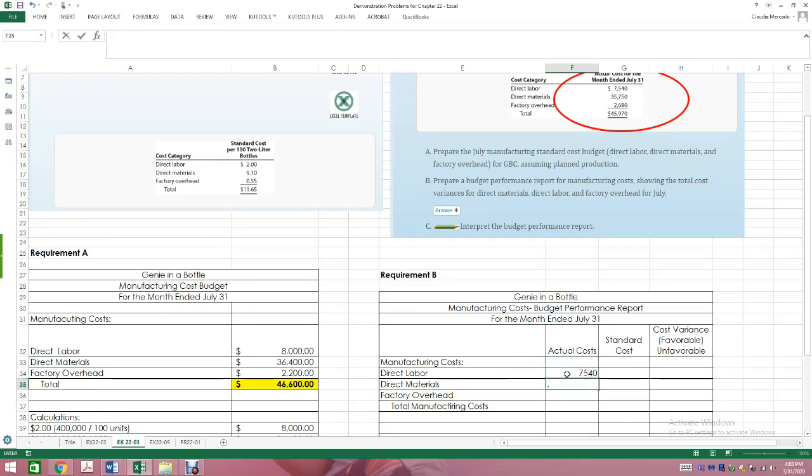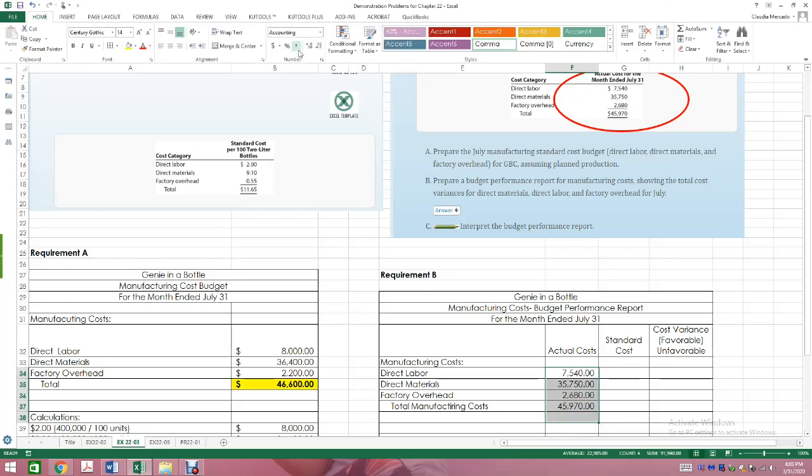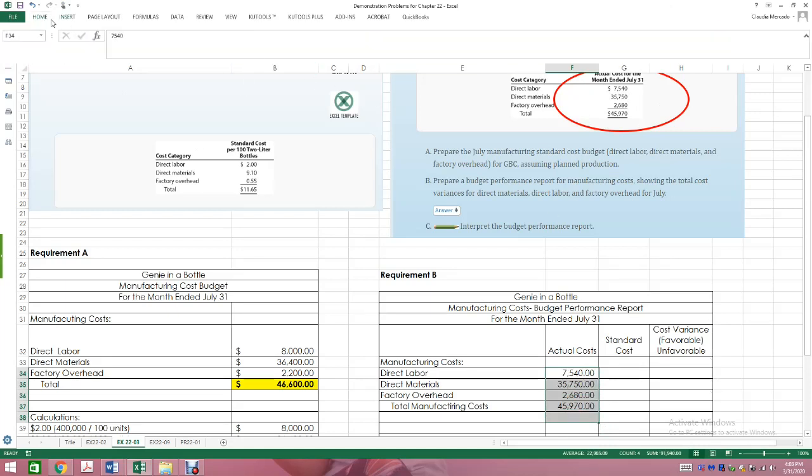My materials is 35,750. And my factory overhead is 26,800. And my total is 45,970. So I'm just copying these numbers down here. Let me put some commas, that way we can see it.